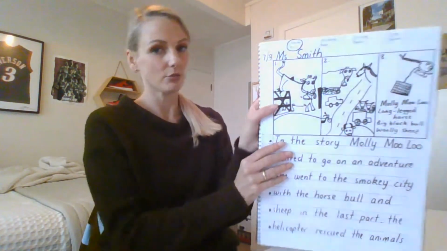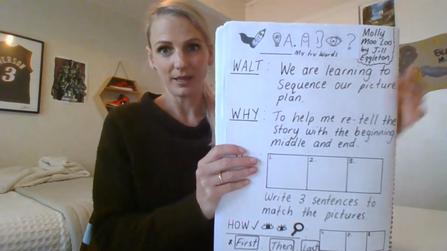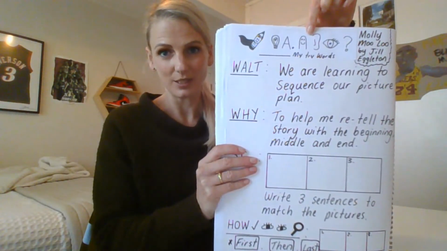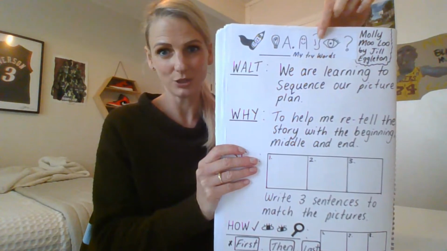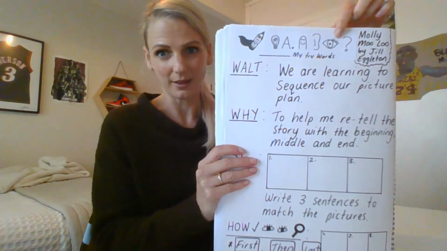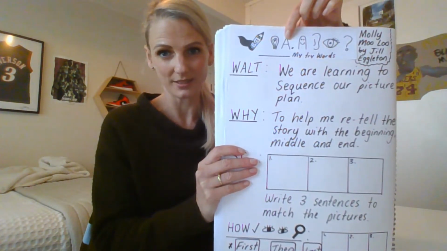Okay, so when we assess our writing, we need to read it back to check that it makes sense, okay? And we also need to be thinking about all those things that we have to remember in our writing every time we write, okay? Here's a little reminder. Remember, have a look up the top here. We need to be making sure that we are thinking and have included all these things in our writing today.